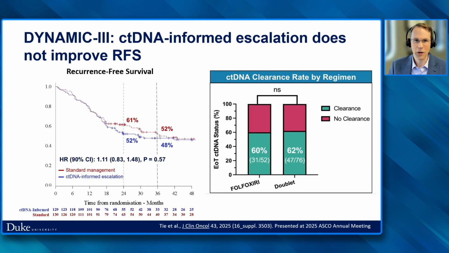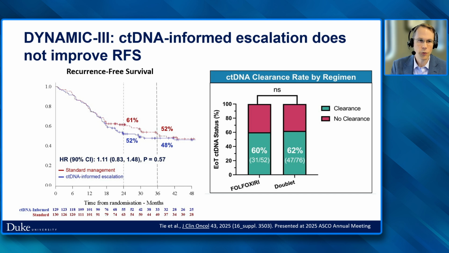So I will tell you as my editorial here, these are very disappointing results for us. As medical oncologists, we like to think that we're helping our patients with chemotherapy and that more intense chemotherapy is beneficial for patients who have high-risk disease. This data suggests that an escalation strategy does not improve relapse-free survival.